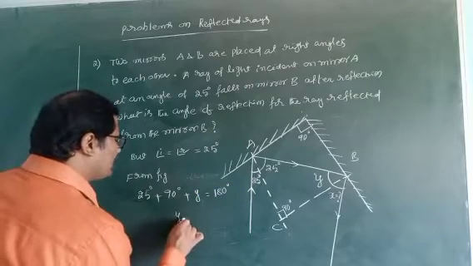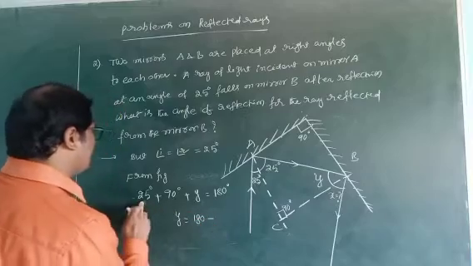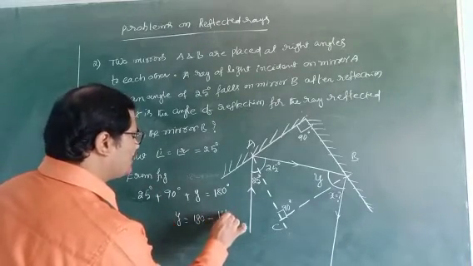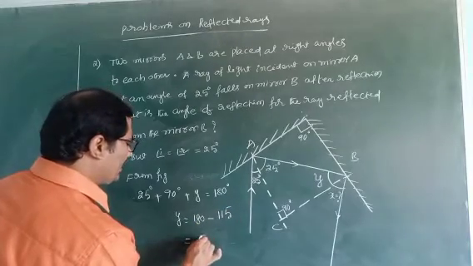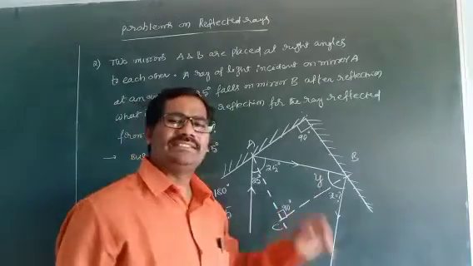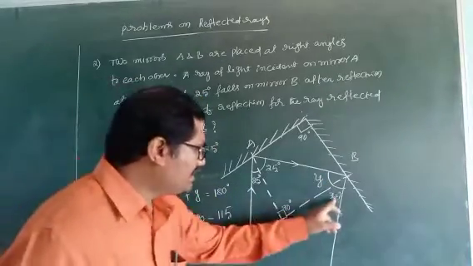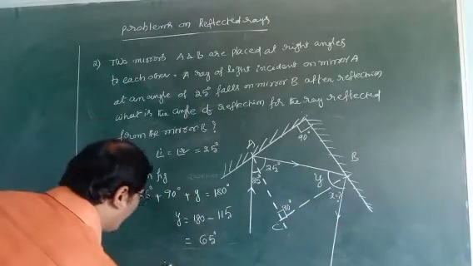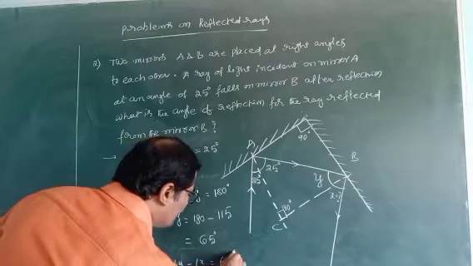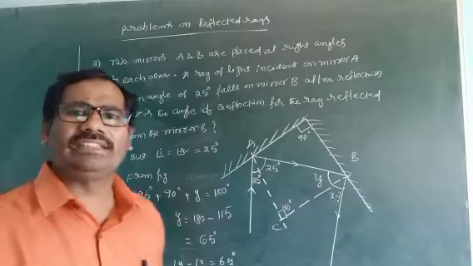So y is equal to 180 minus (90 plus 25), which is 180 minus 115, so y is 65 degrees. That is the incident angle. Therefore angle y is equal to angle x, so x is also 65 degrees.